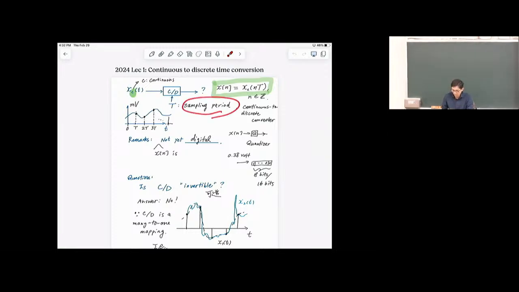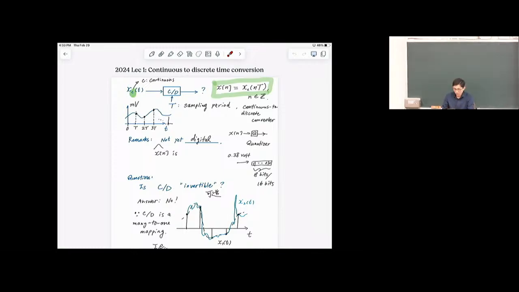So we look at it at T, at 2T, at 3T, and so on, at integer multiples of T, and we record the value. This recording may have a unit. If the signal itself is in volts in continuous time, then after sampling it's still in volts, not digital yet.